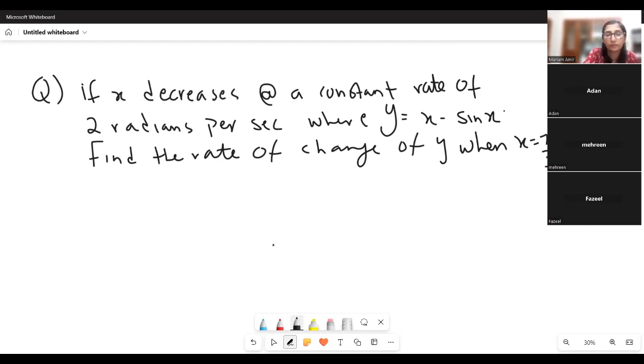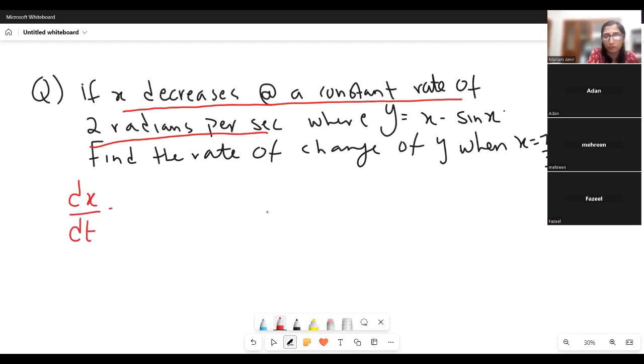If x decreases at the constant rate of 2 radians per second, that means this is dx over dt, which is minus 2, since it says decreases. So you must write a negative sign with it.